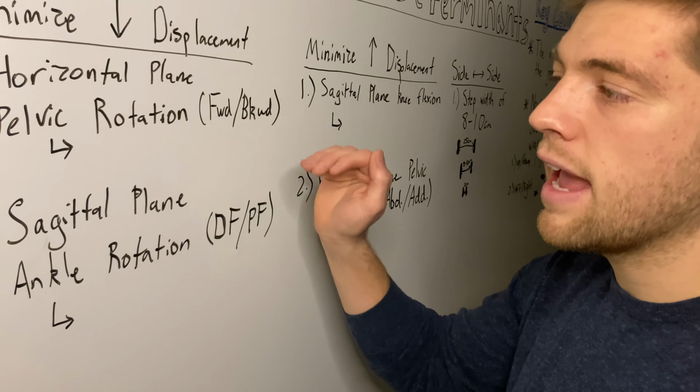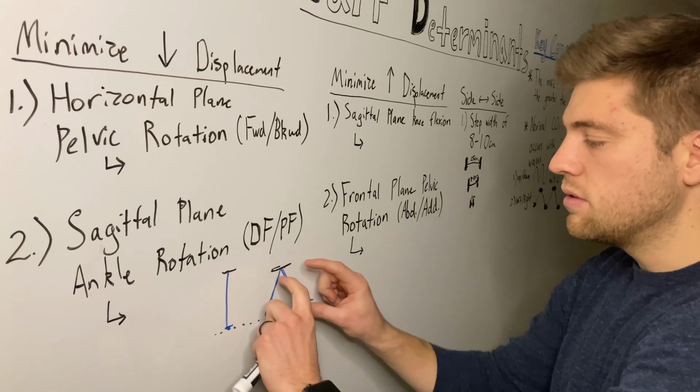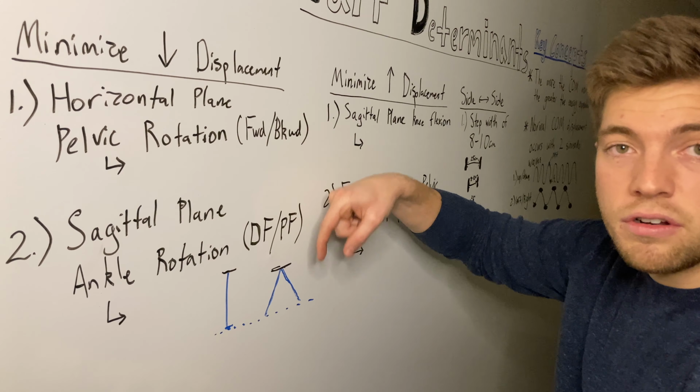What we're going to be talking about for minimizing downward displacement is right here. The first thing we do is prevent our legs from going into so much flexion and extension. We add in this horizontal plane, the transverse plane, pelvic rotation. Because when we get this motion, we still functionally lengthen our legs so we can cover quite a bit of distance for each step, but we don't have to do as much flexion and extension, which lowers our center of mass.